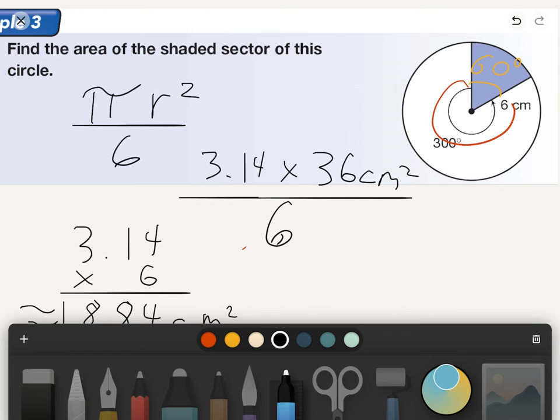But you could have just as easily done that, right? Because 36 divided by 6 is 6. So there are multiple paths, or you could have just gotten the area of the circle first and then divided that by 6 using long division. That would have been also fine. There are different paths to getting there.